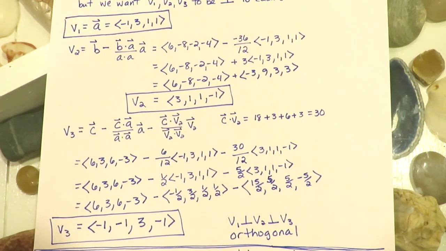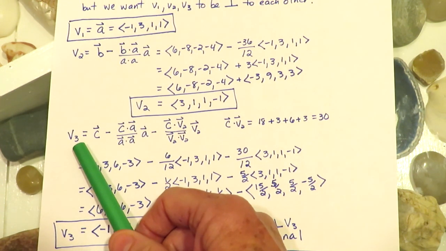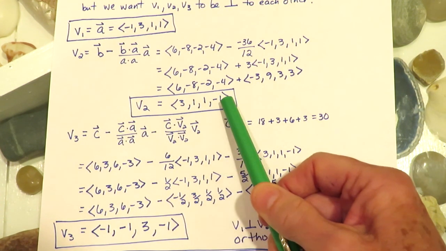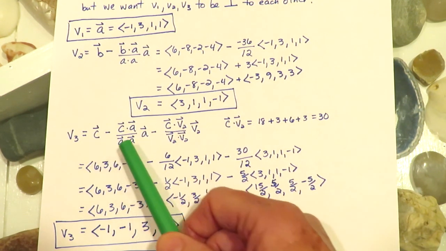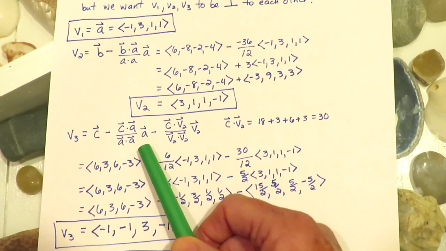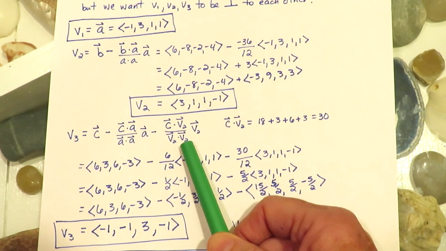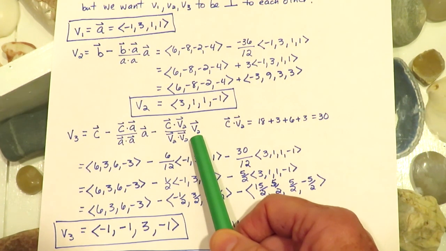So I'm going to do a similar process, but this time I need vector 3 to not just be perpendicular to A, I need it also perpendicular to this new vector that's in my set. So I take C and I subtract the projection of C onto A, and I subtract the projection of C onto this new vector that we just found.